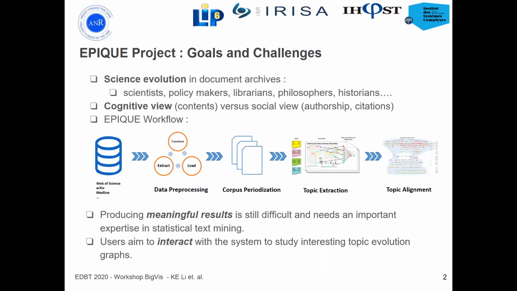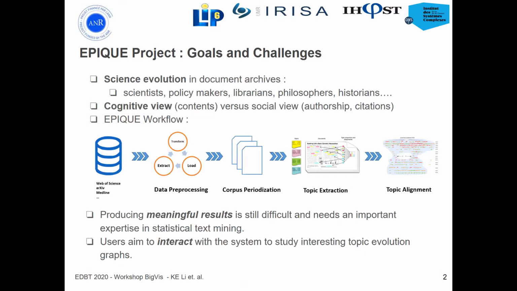We adopt the cognitive view for modeling science evolution and assume that the evolution only depends on the content of the documents, because this choice decreases the social bias and detects more easily possible interactions between scientific ideas and contributions, independent of any particular scientific community.